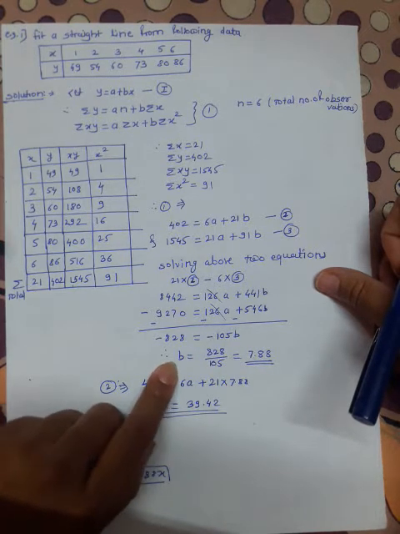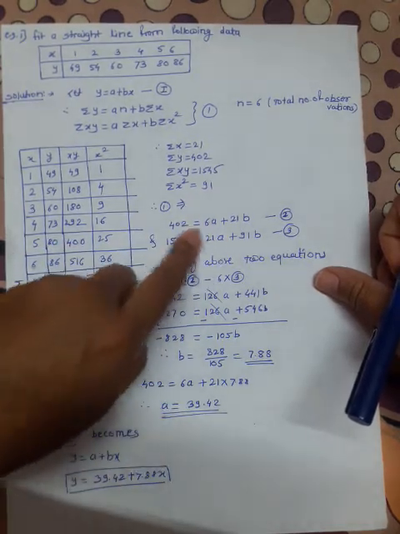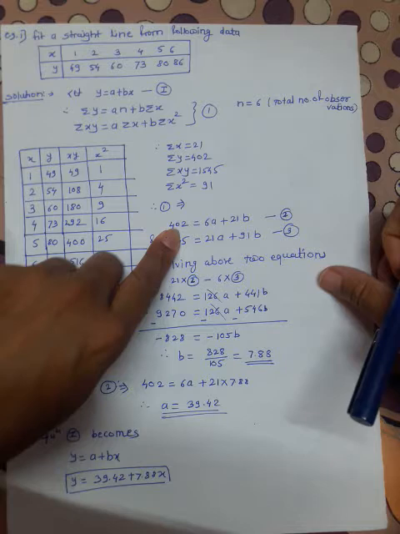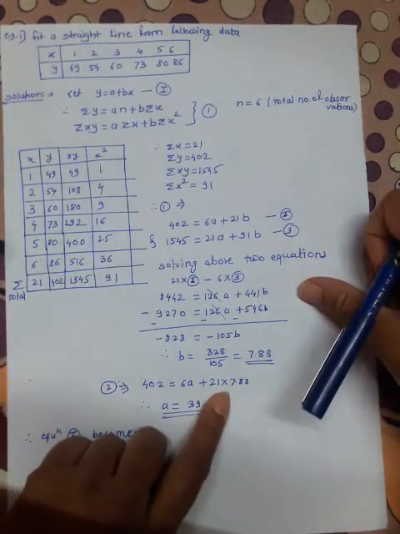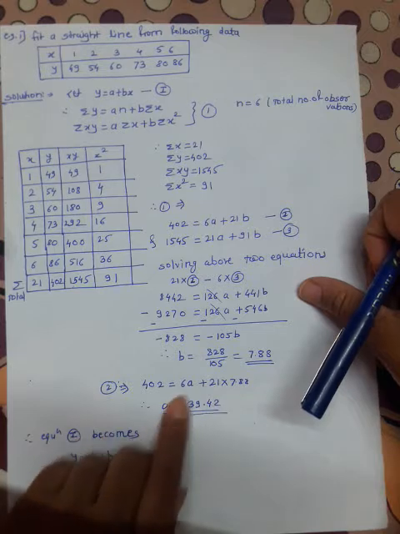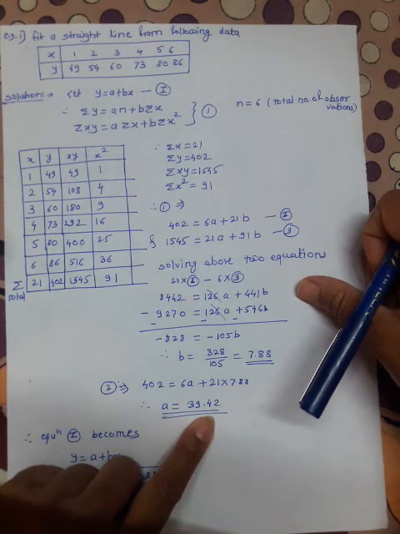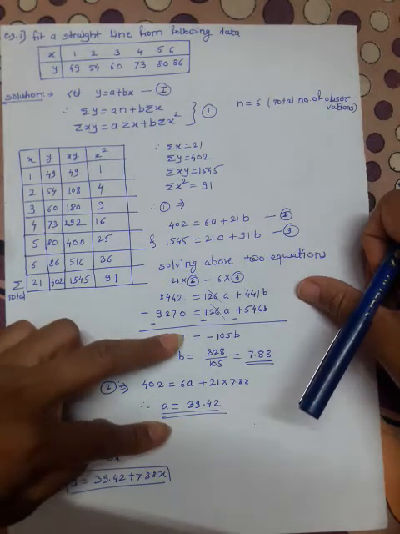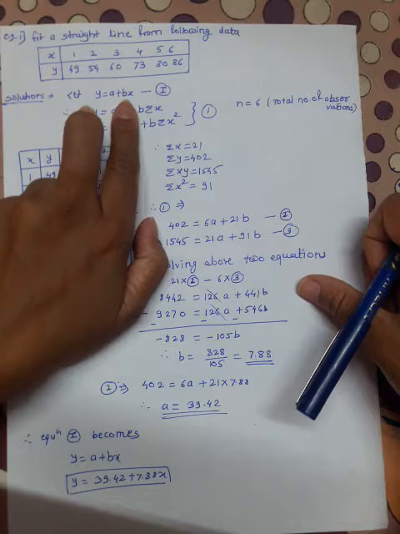This is one value. Now put this value in any one of the equations, any simple equation. The first one is simple, meaning minimum numbers are there, and put b is equal to this value here. We get a is equal to, by calculator, 39.42. Okay, now put these two values in our original equation where we started.